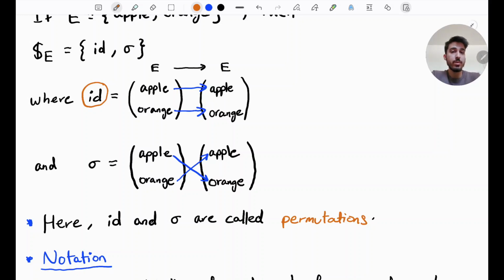It is important to note that no matter how many elements I have in E, there is always going to be an ID permutation that sends all the elements to themselves.